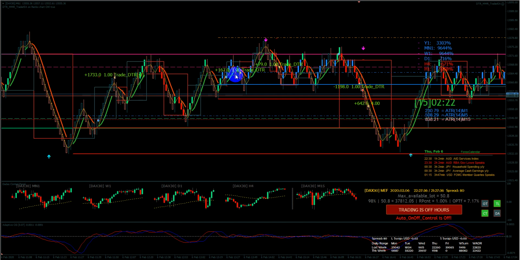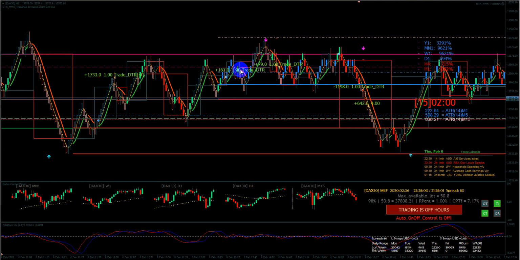So I waited a little bit more, and then on this candle, which gave me hope at the beginning, I thought, okay, maybe we're going to continue. And then all of a sudden it turned around and started doing jumping jacks, and I thought, okay, it's better to close it right now than to get stopped out.